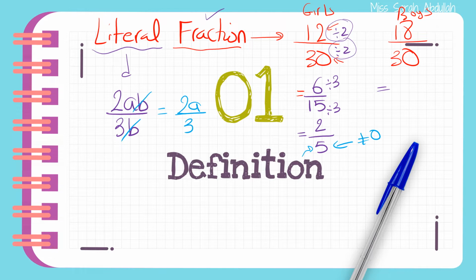But in the case of a literal fraction, sometimes we have letters in the denominator. In this case, we have b, so there is a condition on b. b cannot be equal to what? It cannot be equal to 0. It is different from 0. Because if it's equal to 0, then 3 times 0 is 0, and you'll have 0 in the denominator, and that's impossible. We can't do that.